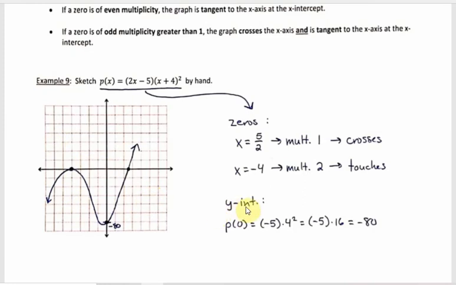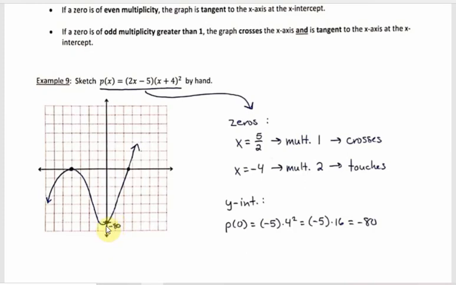So I said, all right, the y-intercept, if you just sub in 0, you're going to get negative 5 times 4 squared, so it's negative 5 times 16, that's negative 80. So I just had to pretend that that's negative 80, even though it looks more like it's about negative 6. But the graph's just not big enough to do it to scale. So I don't think I would worry about it too much. And the ones in the homework kind of look like this too.